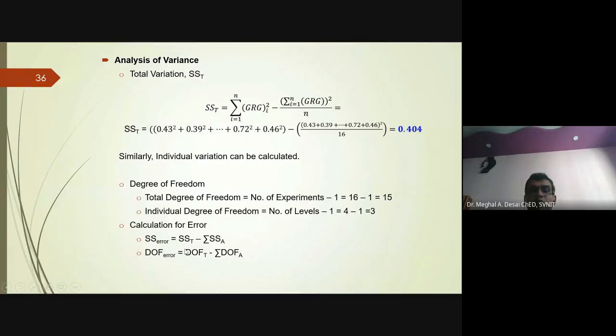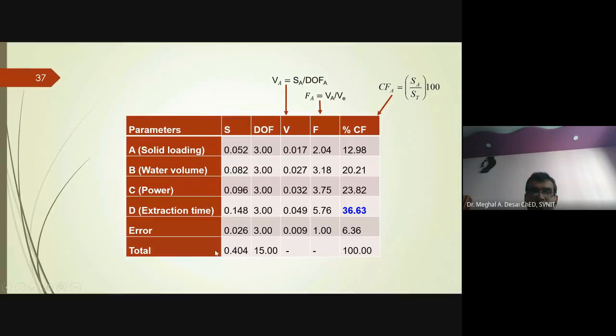Now one more calculation is left, that is for error: the sum of squares or variation due to error, and the degree of freedom for error. As we know, the difference between the total and the summation of these, that means 0.404 minus 0.052, 0.082, 0.096, 0.148, will give me the error.